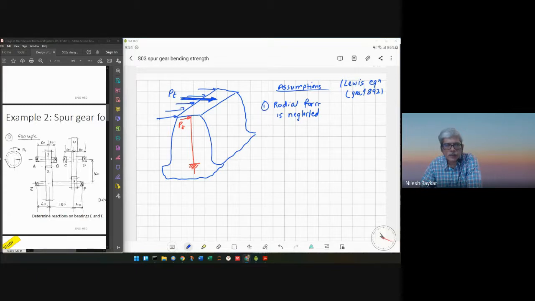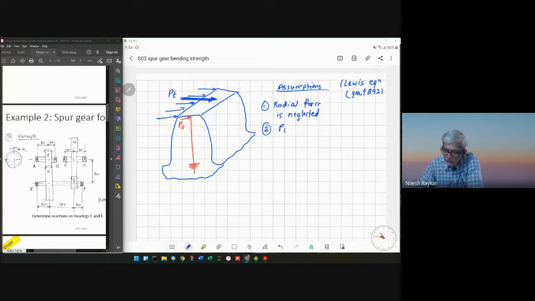And further, compared to the tangential force, it is of small magnitude. This justifies the assumption, and experience over the century shows that it works. Neglecting the radial force, the gears which have been designed so far are working properly.